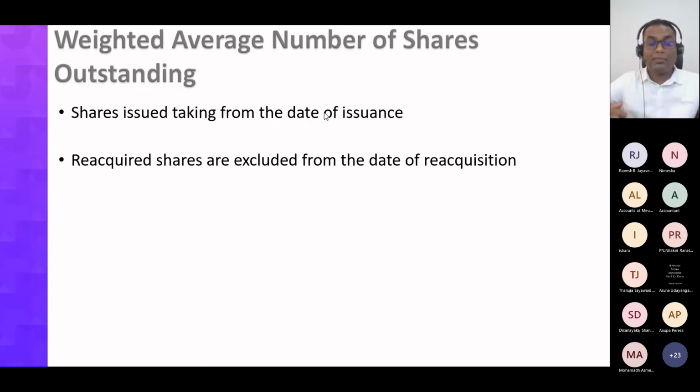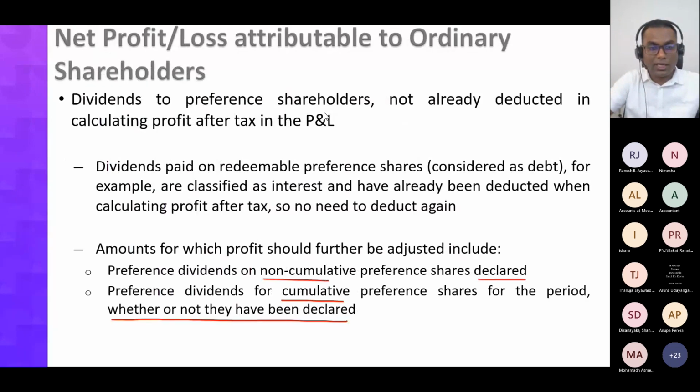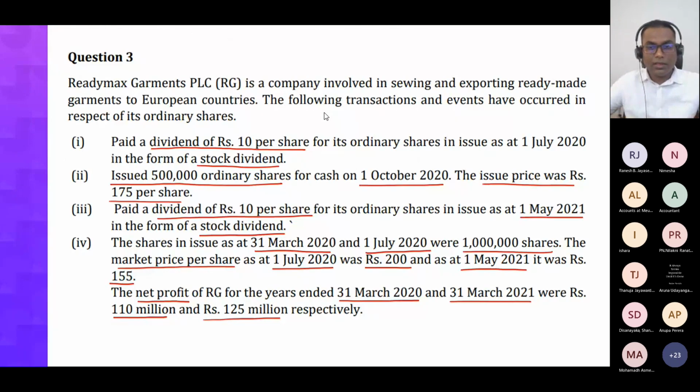This cash can be invested in the business and utilized to generate profits. So if the shares are issued on a particular date, as in this question, Roman number 2, 500,000 ordinary shares for cash.